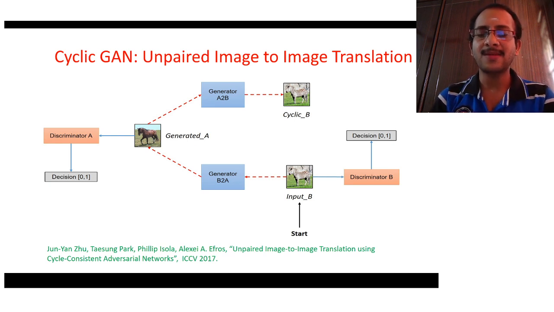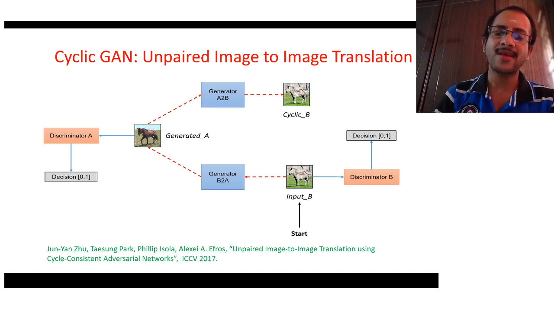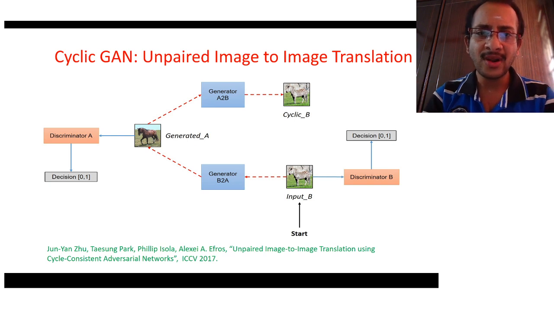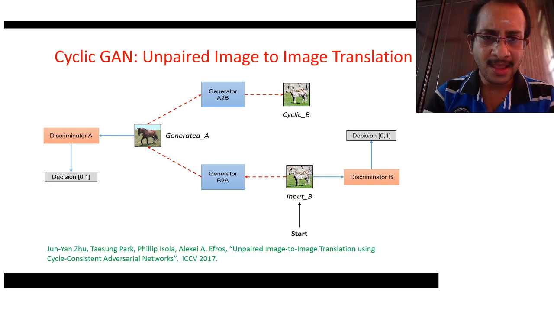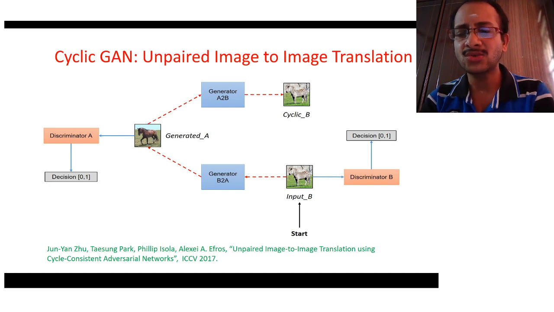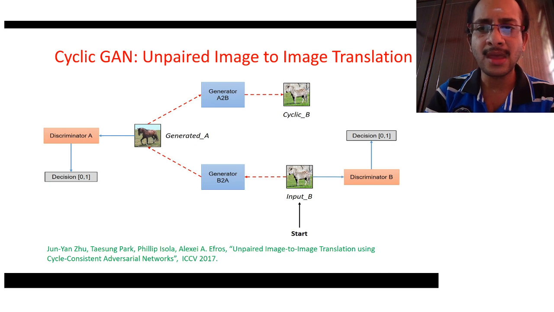Please make sure that while transforming from zebra to horse, this is the main generator that is generating now. If I start from this input zebra image, it learns to generate the horses here.